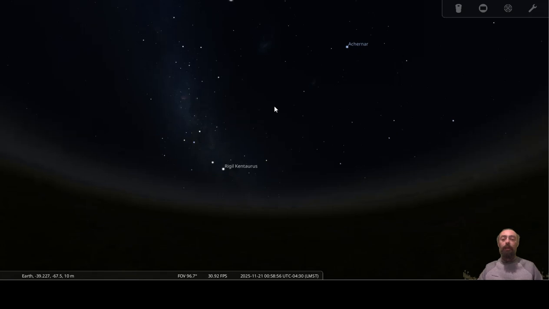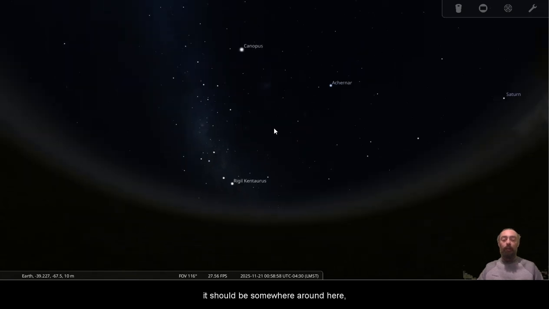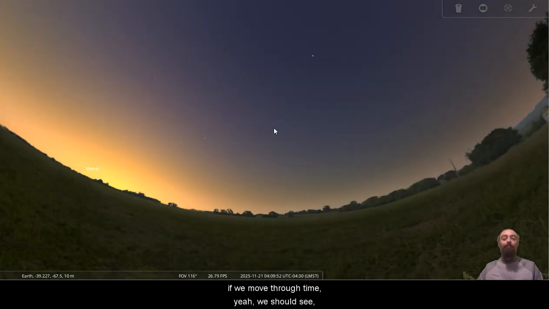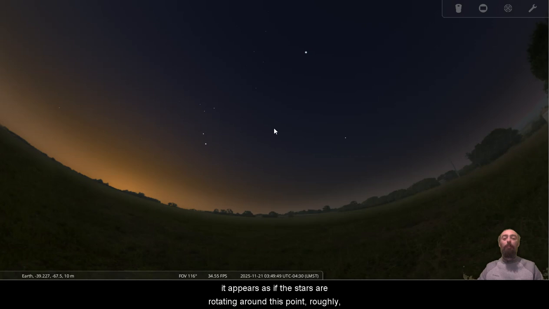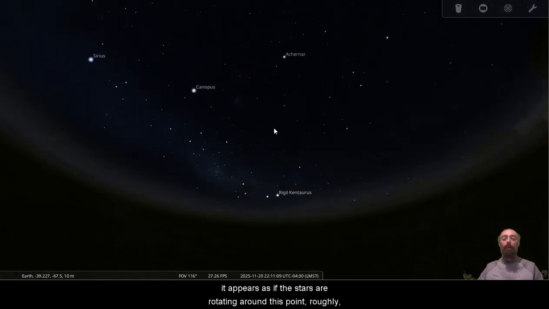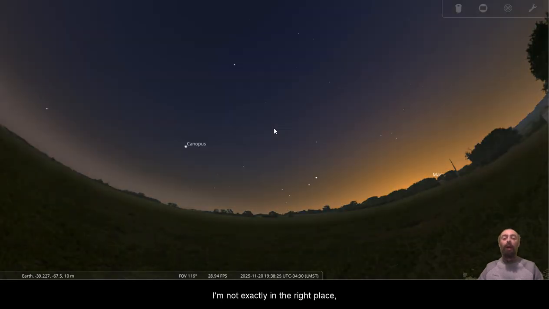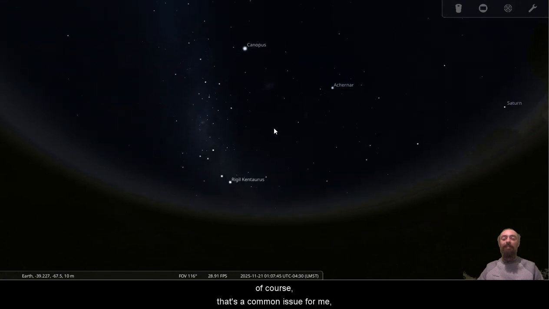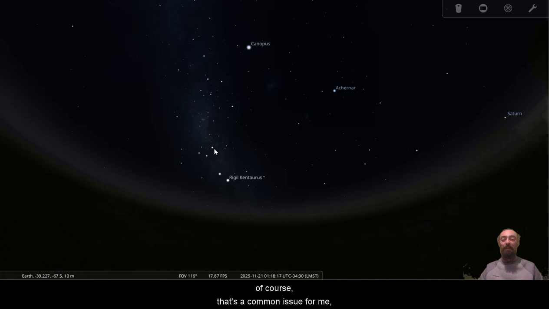If we move through time, it appears as if the stars are rotating around this point. Roughly, I'm not exactly in the right place. Of course, that's a common issue for me, but it's roughly pointing in the right direction.